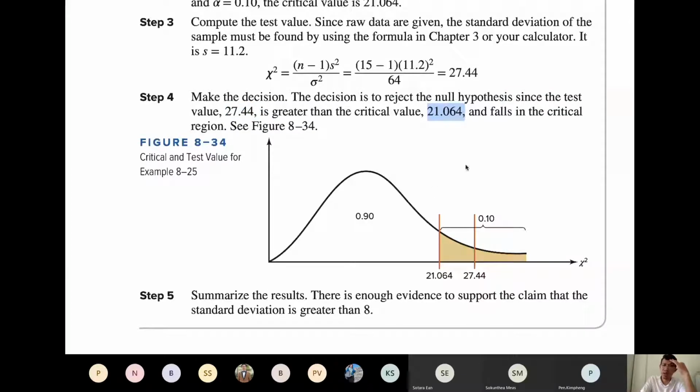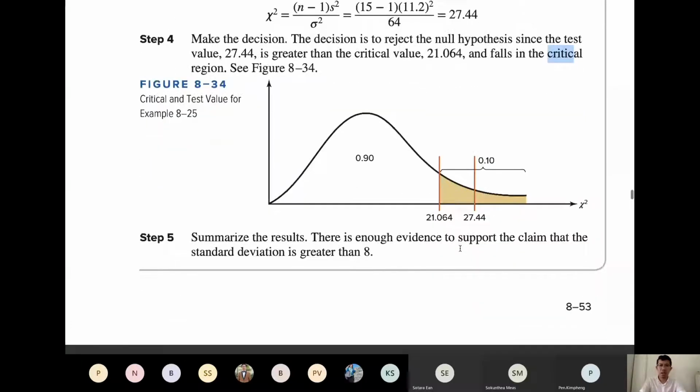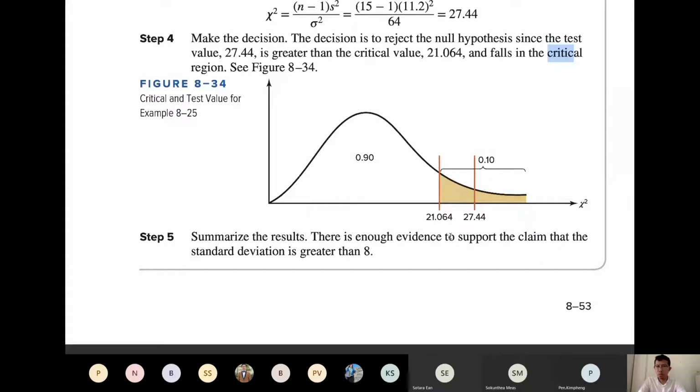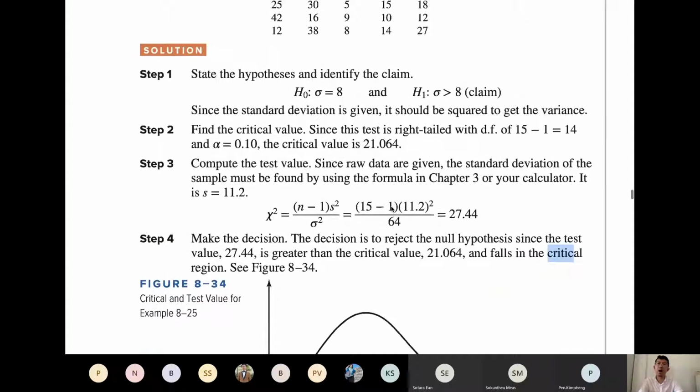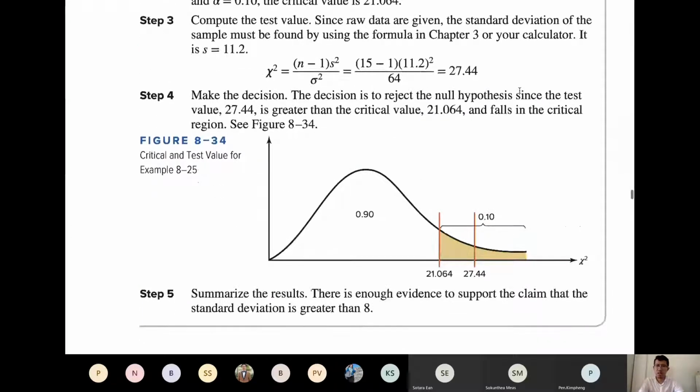Because the test value is greater than the critical value, right? Or in other words, it falls inside the rejection region or the critical region, because this region is called the critical region or rejection region, just the same thing, synonym. And the result is there is enough evidence to reject the null hypothesis, or in other words, there is enough evidence to support the alternative hypothesis, which is the claim of the administrator, right?